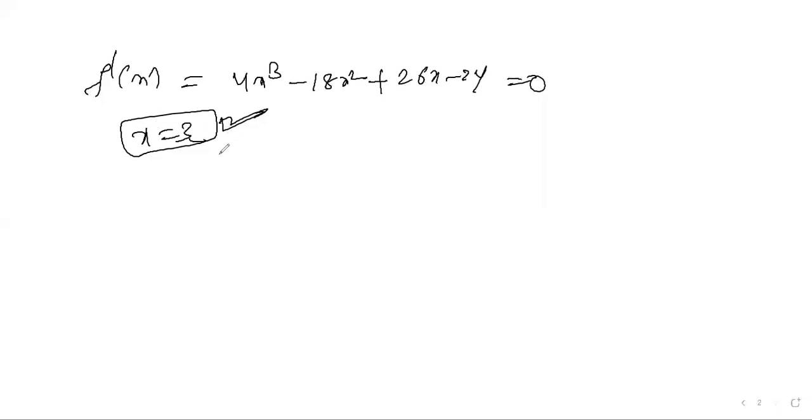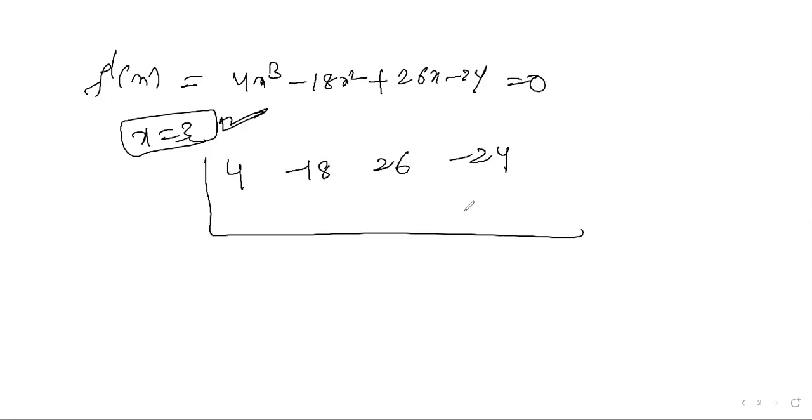X is equal to 3 means whatever the other roots are, you don't know the procedure, right? Do it out: 4, 18, 26, minus 24. Start working over here. I'll do one more thing for your understanding, I'll do the other way also. One root you got, right.